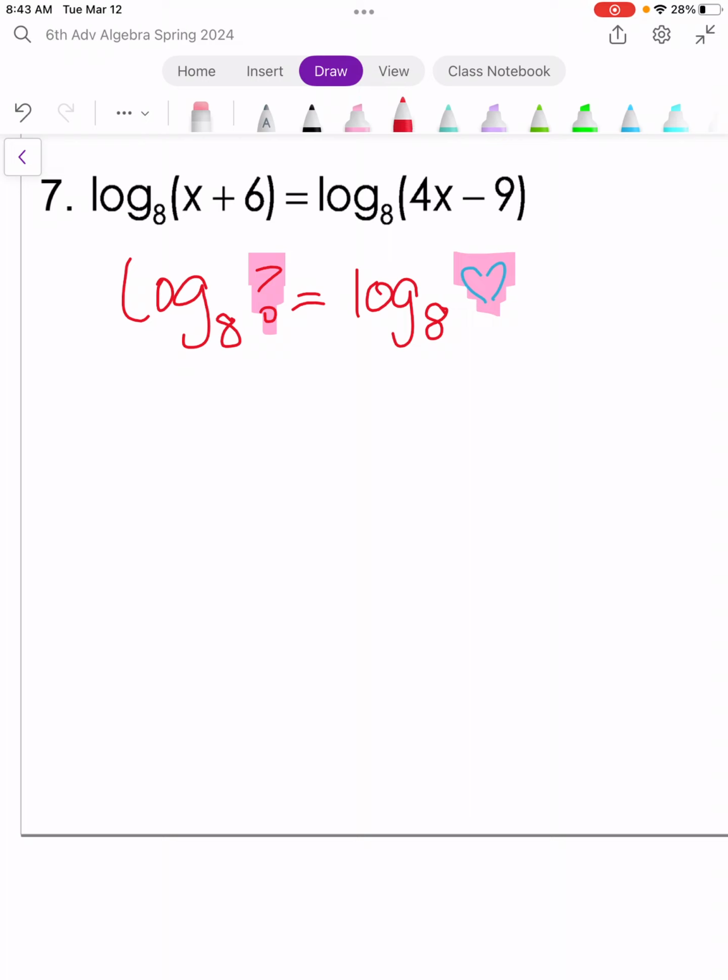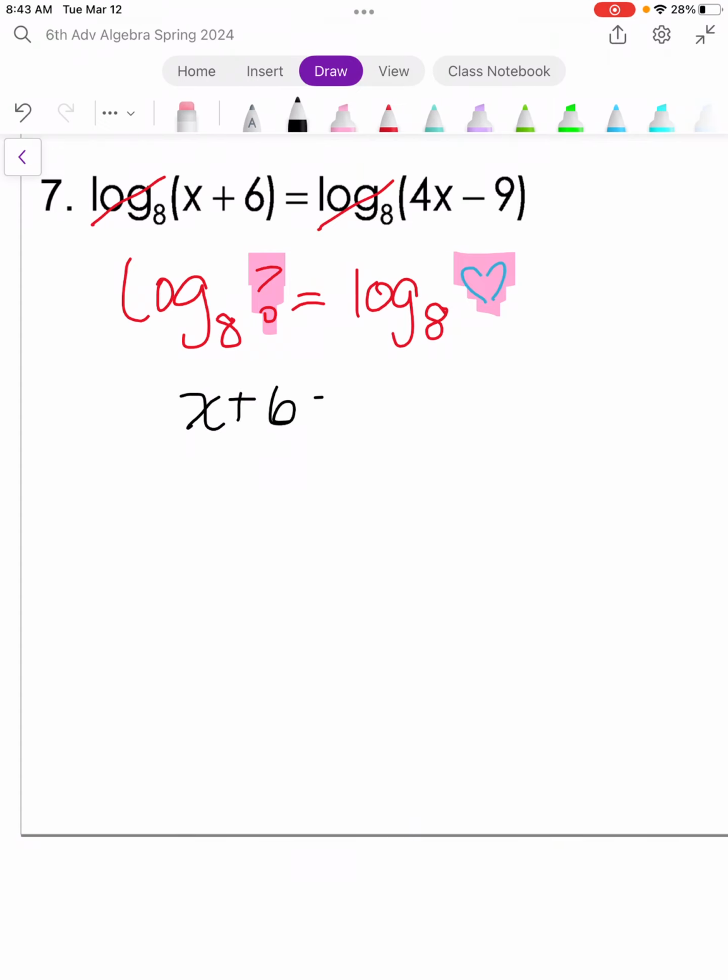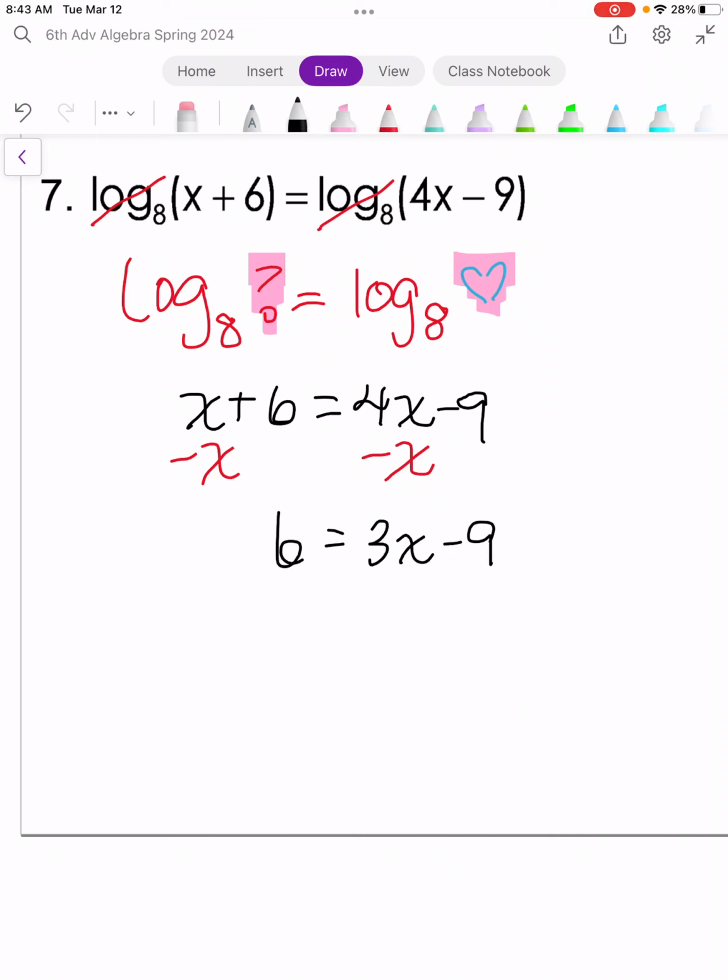So in this case, I can just get rid of these log base 8s, and I can set x plus 6 equal to 4x minus 9 and solve. I'm going to subtract x. 6 equals 3x minus 9.